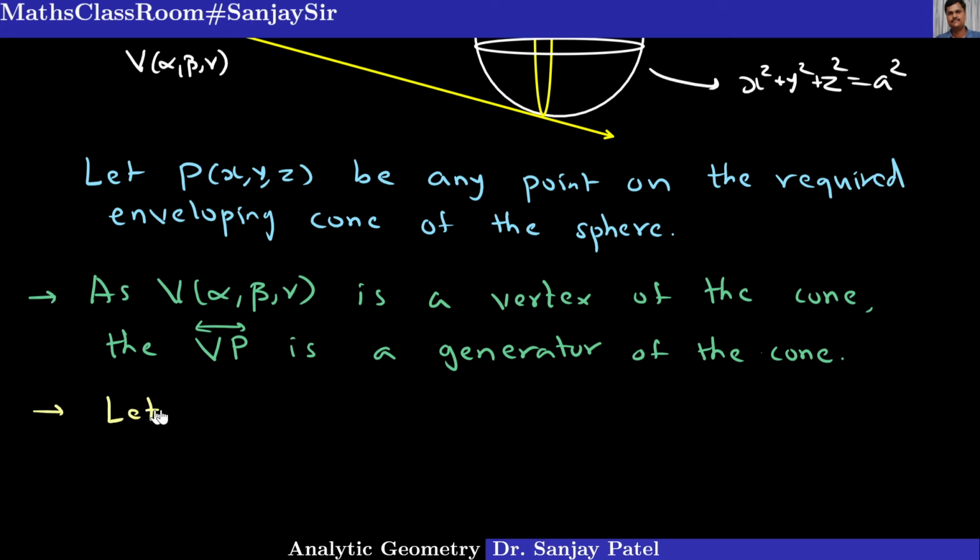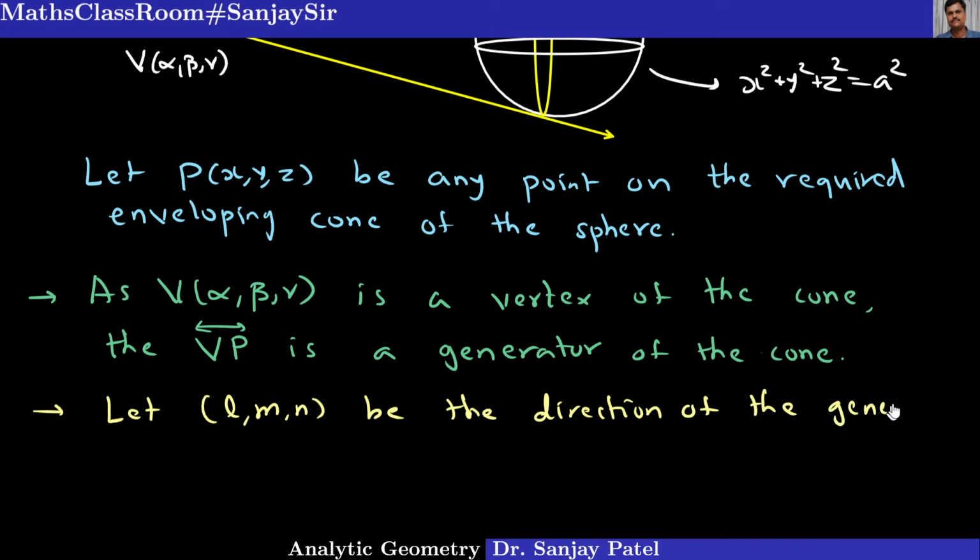So let l, m, n be the direction of the generator VP of the cone. Direction of the generator VP of the cone.